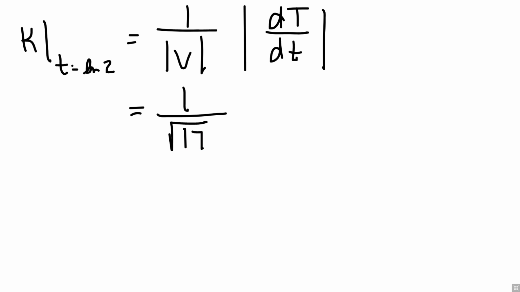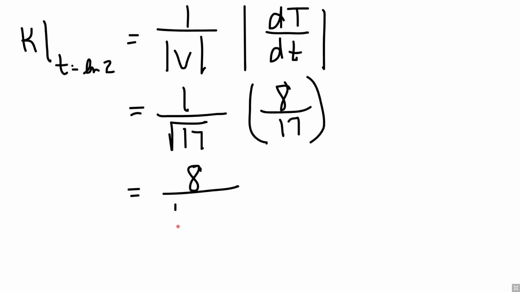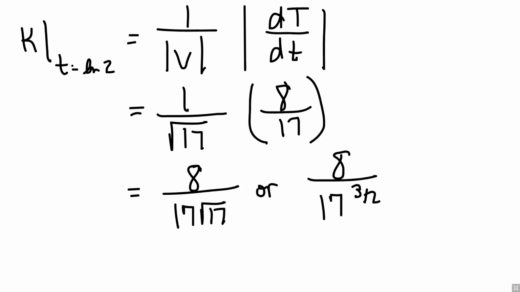And the magnitude of the derivative of the unit tangent at natural log of 2? 8 over 17. So we end up with 8 over 17 times the square root of 17, or you can write this as 8 over 17 to the 3/2. And that will represent our curvature. Any questions?